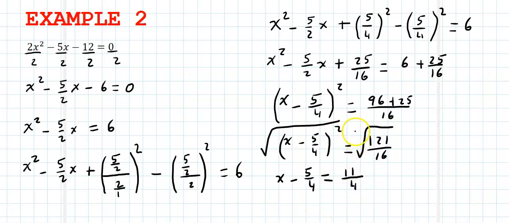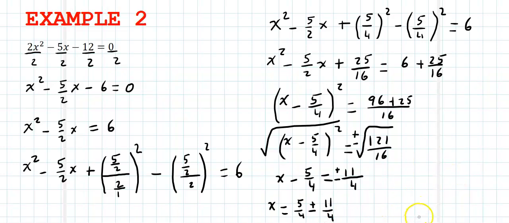But remember that the solution is positive and negative. So x is equal to 5 over 4 plus or minus 11 over 4.